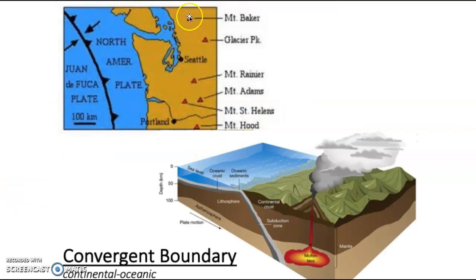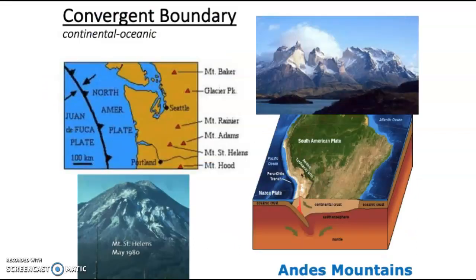You can see off here on the west coast around Seattle, it's a convergent boundary, so we have volcanoes. You can see that same thing going down South America, we have more volcanoes. Okay, we have our Andes Mountains.